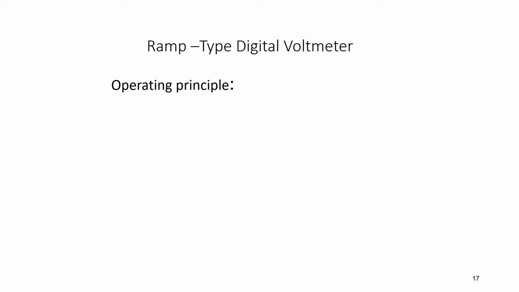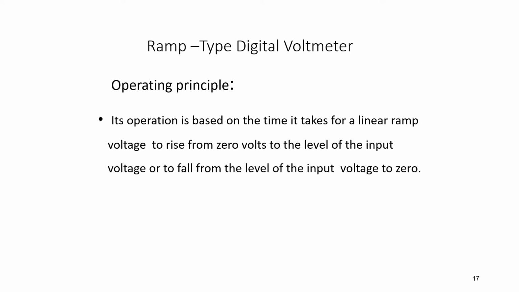So here we are seeing that the basic circuit of the digital instrument is nothing but we have seen it has analog to digital converter, the signal processing unit, and the display unit.